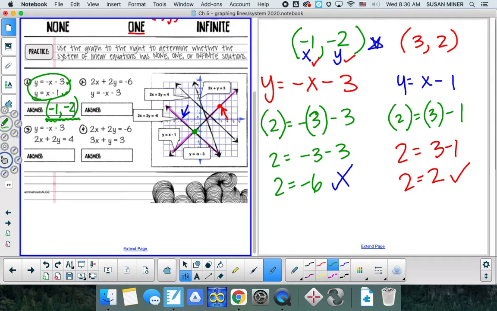X would be -1, y would be -2. Okay, so now remember we talked about that the y value mattered. When we were doing this before, we were only getting the x value, right? And we said, oh, well, the y value does matter. And so now we have a method that we can use to find the y value where they're equal as well.